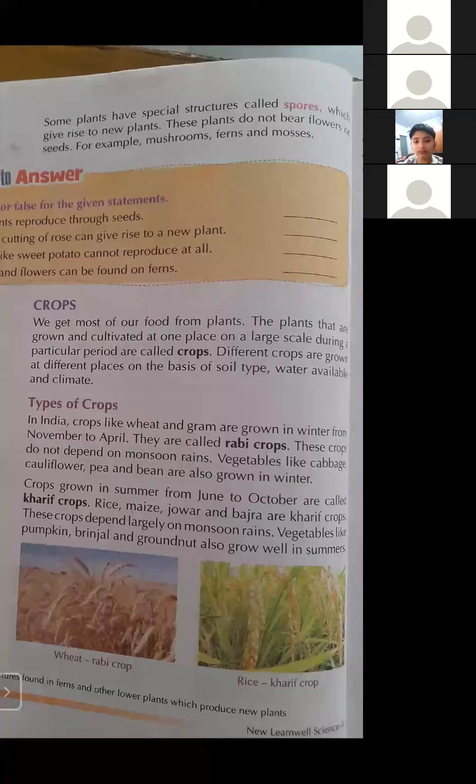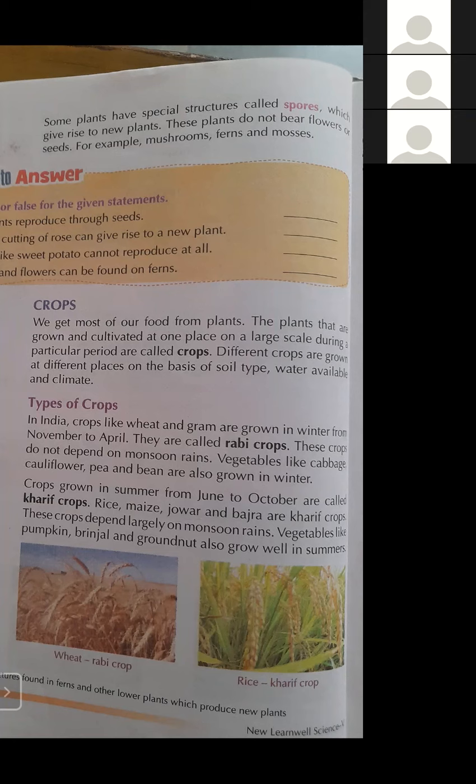June, July is the rainy season in North India. So June to October, and October, November is the winter season. Okay? Winter is just starting at that time. So the crops grown in summer are called summer crops or kharif crops.